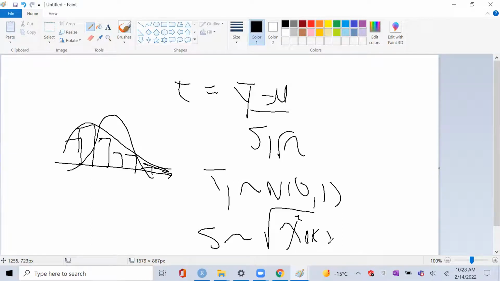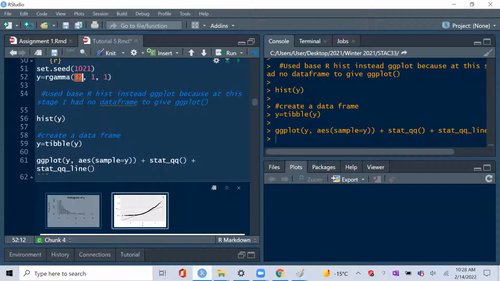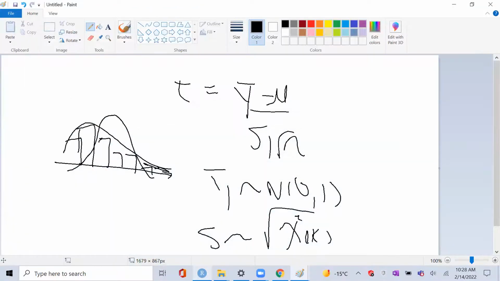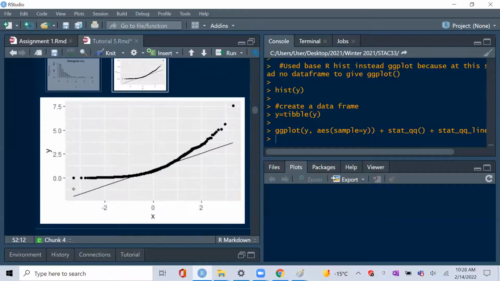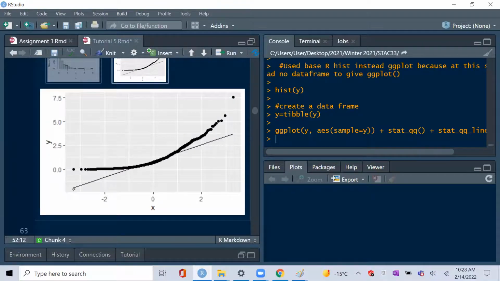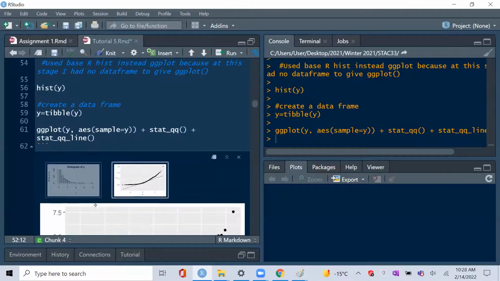You have a ratio of a normal and a chi. Now, if your y bar is not normal, this whole thing is off, right? So when our data y is actually right skewed, this t-test is false because it's not even that ratio. It's a ratio of a right skewed thing over a chi. It's not actually normal, so we can't use that test because it will give us false conclusions.